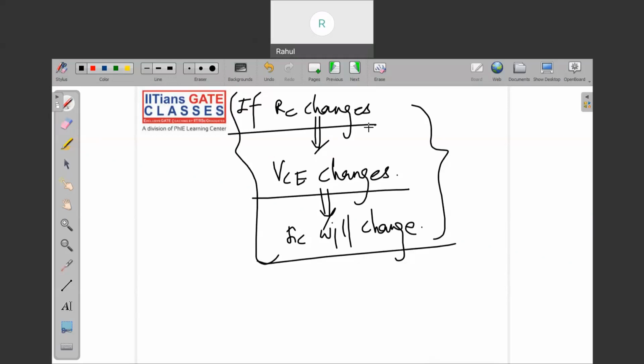In order to get rid of all these problems, we should make a constant current source, right?